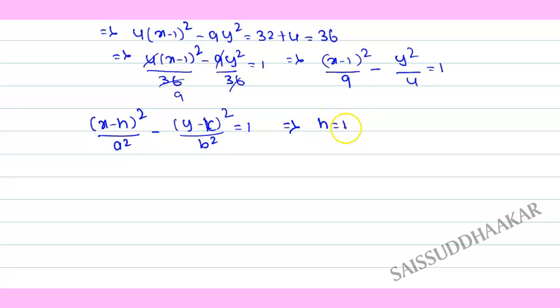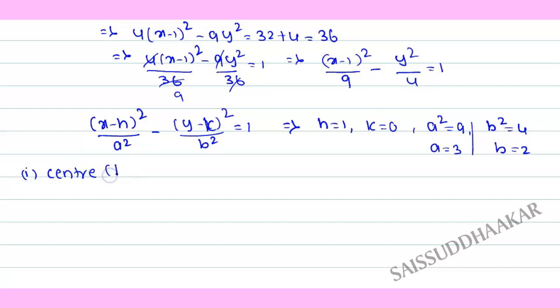By the comparison we are getting h is 1, k is 0, a square is equal to 9 and b square is equal to 4. Here a is 3 and b is equal to 2. In the question he is asking first center. First one he is asking center, right? So center formula is h comma k, that is equal to h value 1, k value 0.